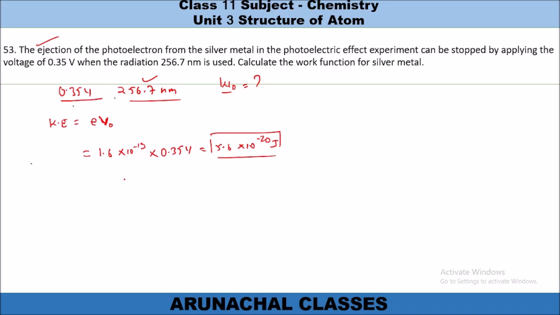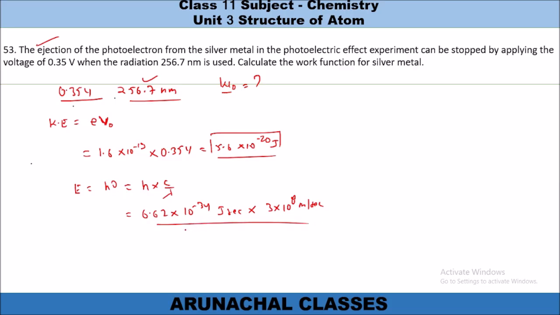Now the absorbed energy by the electron is given as E equal to h nu, that is h multiplied with c, since nu is c upon lambda. Now h is 6.62 into 10 power minus 34 joule second, and c is 3 into 10 power 8 meter per second, now whole divided by lambda.